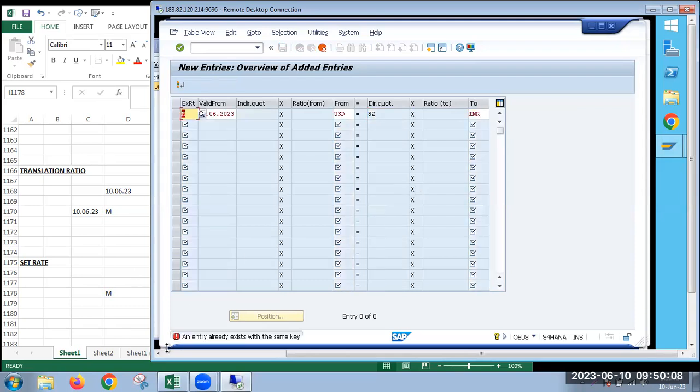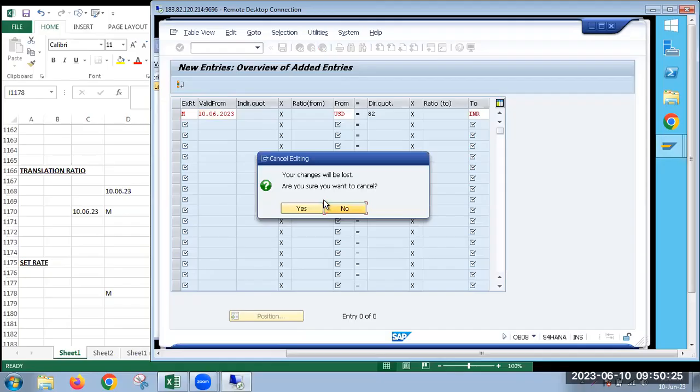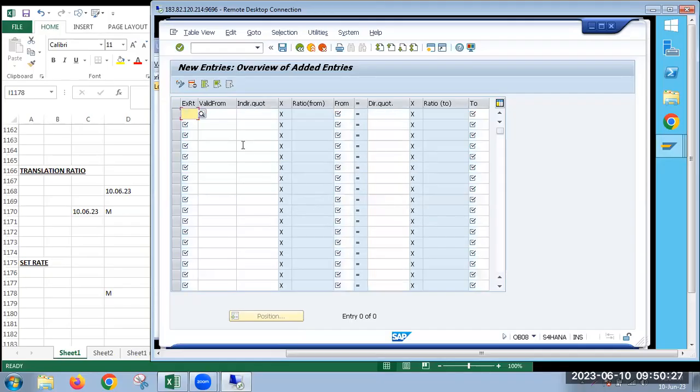See, today I think some other user has already specified a value. An entry already exists with the same key, which means that with this combination, rate type M, date, US dollar to INR, there is already a value. Let's check. We can edit the value, but we will not be able to create a new value.